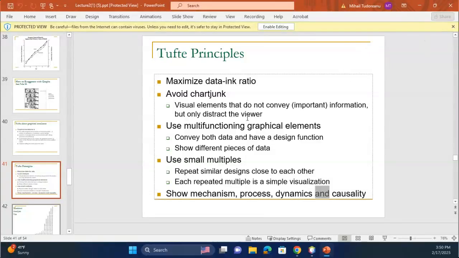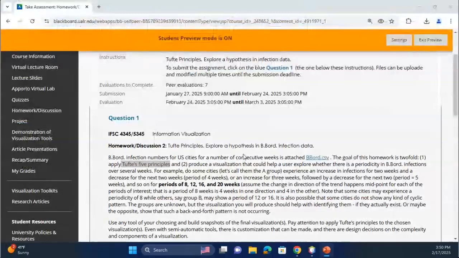I refer to this slide in particular, not any Tufte. Tufte is a large area of work, but this way everyone is on the same page about what I mean by those principles when you create the visualization.